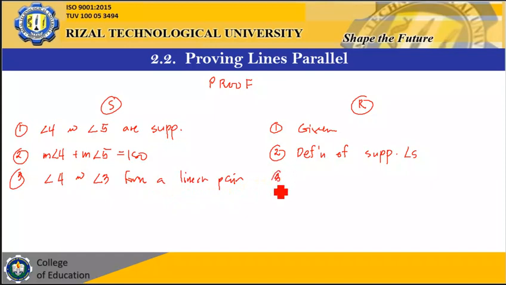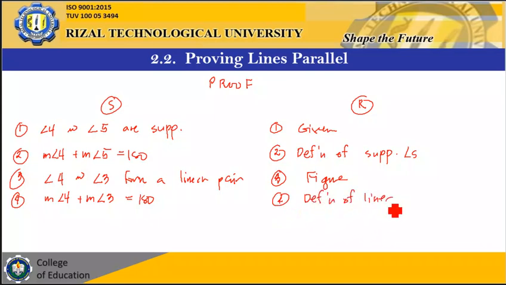So from the given figure, we can say that angle 4 and angle 3 form a linear pair. And number 4, since we know that they are a linear pair, angle 4 and angle 3, then the measure of angle 4 plus the measure of angle 3 is equal to 180. And this one is the definition of linear pair.